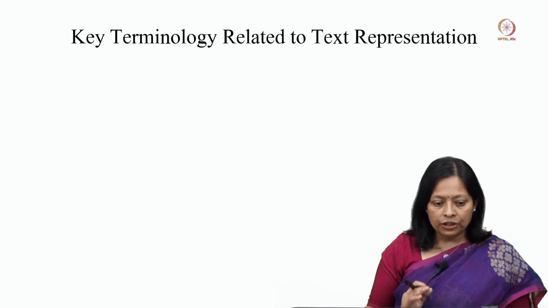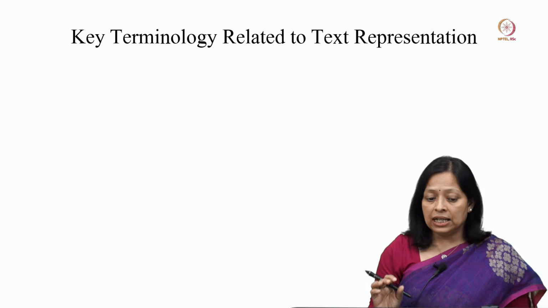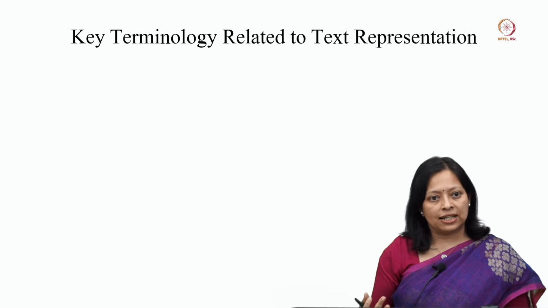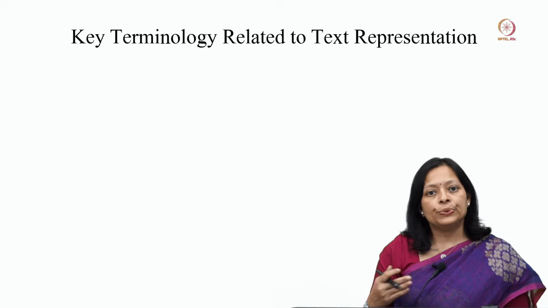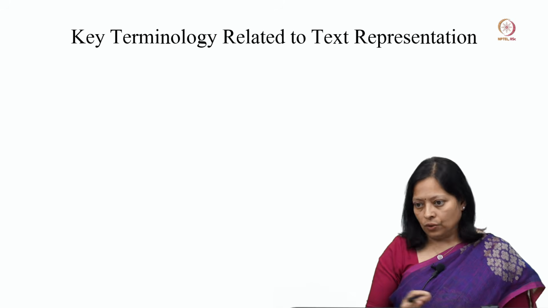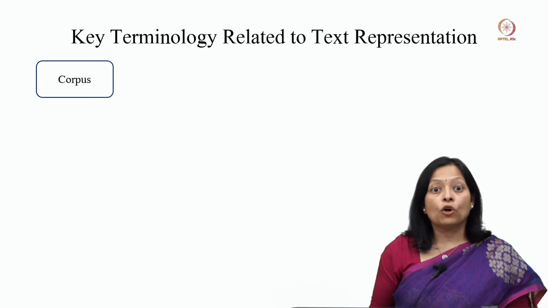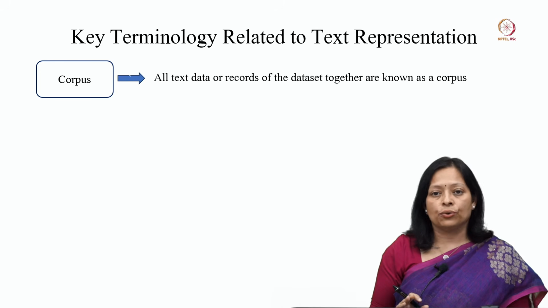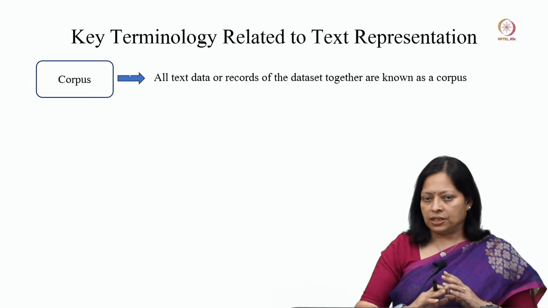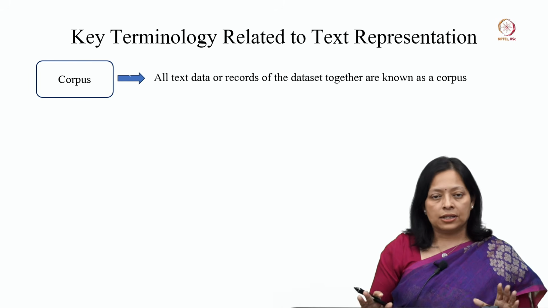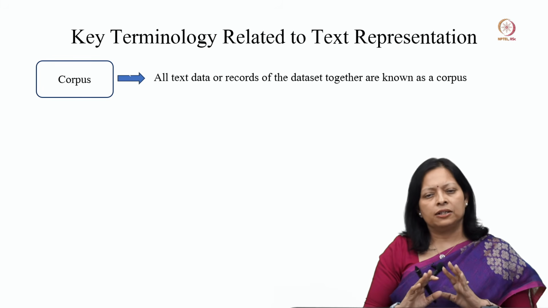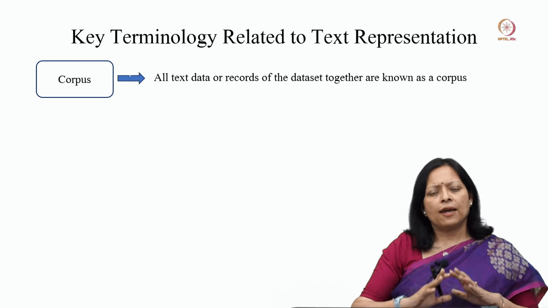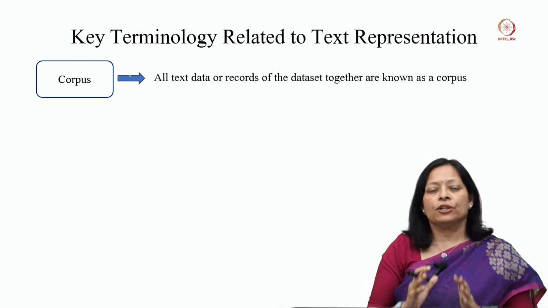Now, I will introduce you to some key terminologies related to text representation, because we will be using them quite often going forward. Corpus: all text data or records of the dataset together is known as the corpus. You have multiple dictionaries, multiple documents, multiple online resources, everything put together is your corpus.